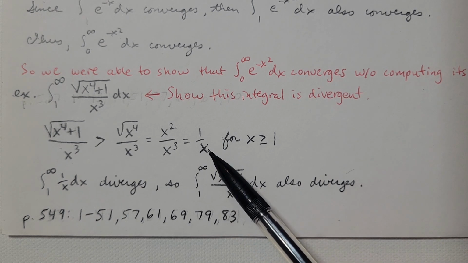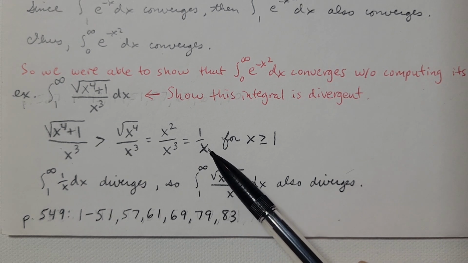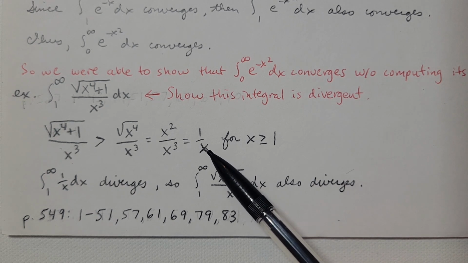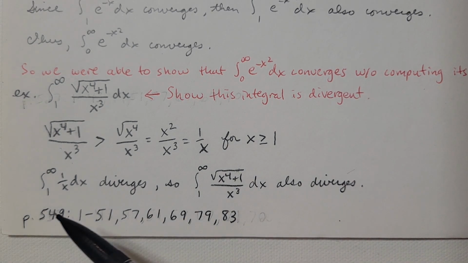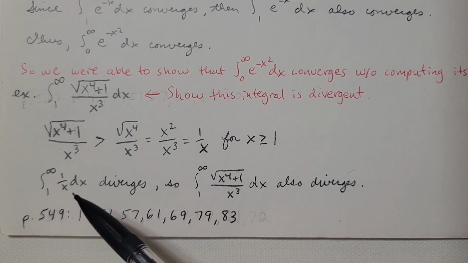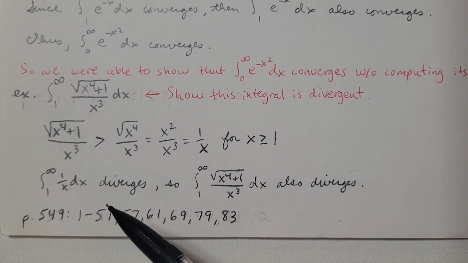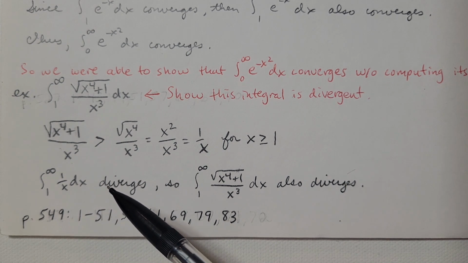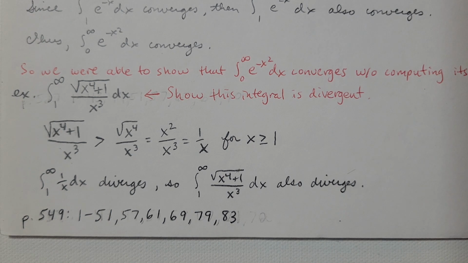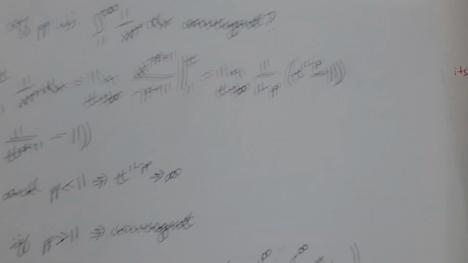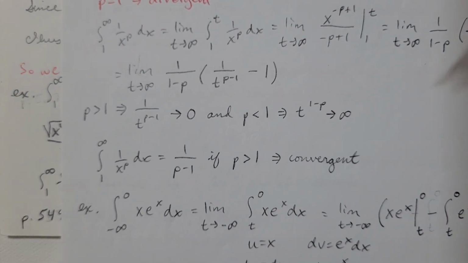That's the same as 1 over x. And the integral going from 1 to infinity of 1 over x dx is a divergent integral. That's one of our p-values that we did right here.